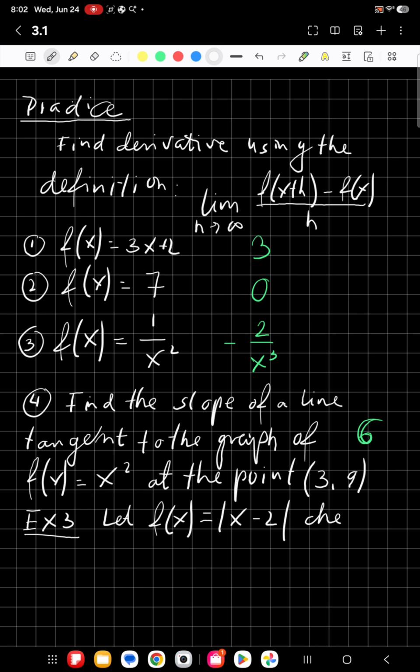Check if f is differentiable at x equals 2.